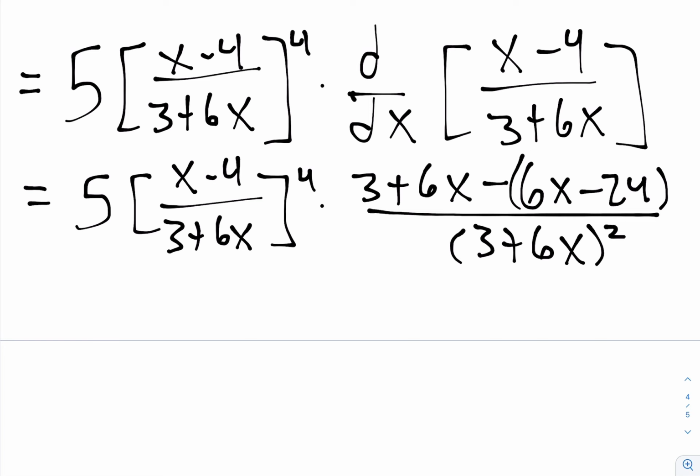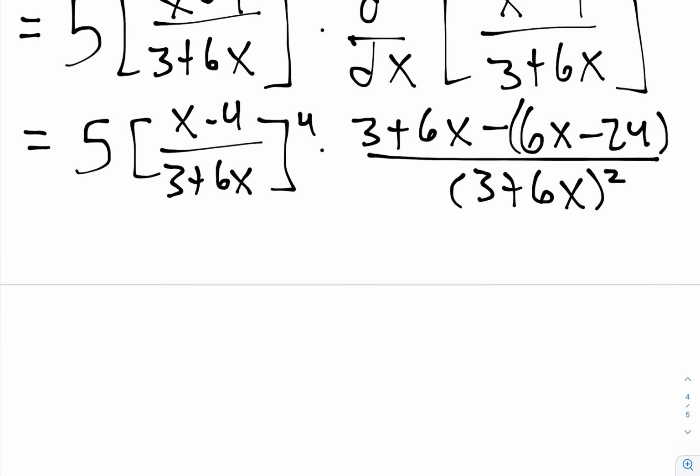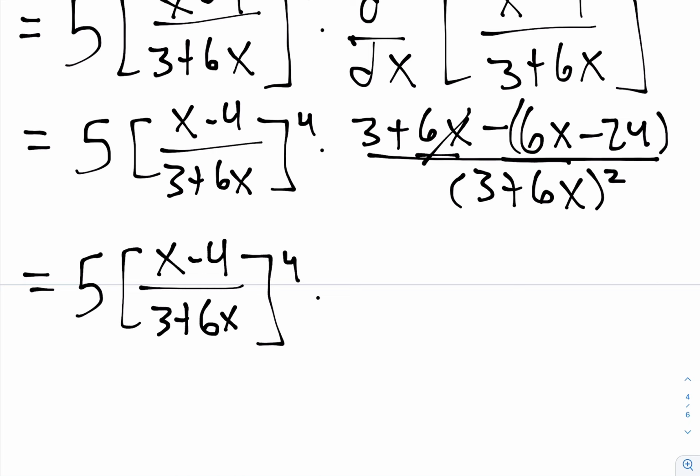Okay, and just simplifying this a little bit, we're going to get 5 times x minus 4 over 3 plus 6x to the fourth. And we're going to multiply that by the derivative of x minus 4 over 3 plus 6x. So that's going to be, let's see here, we got 6x minus 6x on the top here, so that's going to cancel.